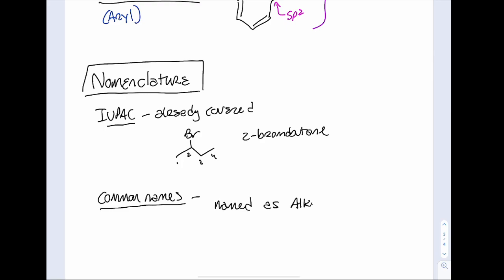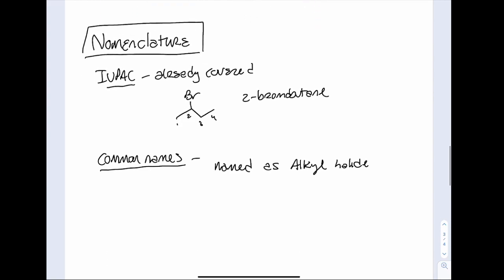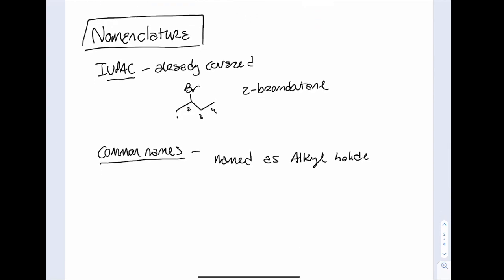So you would name the carbon-based part as an alkyl group, and then you would add the halide to the end of it. So if it's bromine, bromide. So named as alkyl halides. And this only works for simpler ones. If you have something that's more complex, it's hard to name them this way. But in a lab setting, you may come across it.